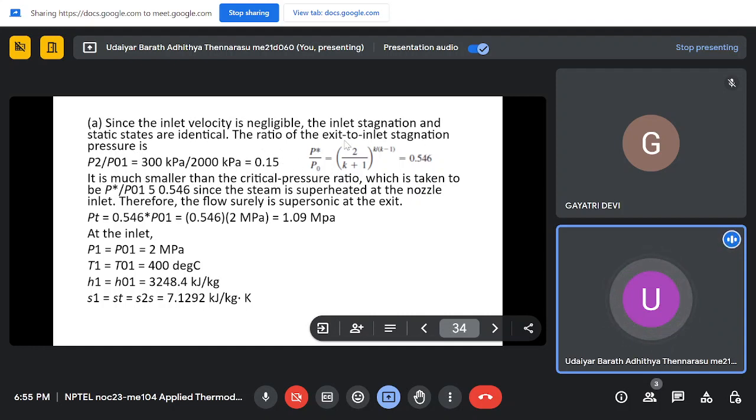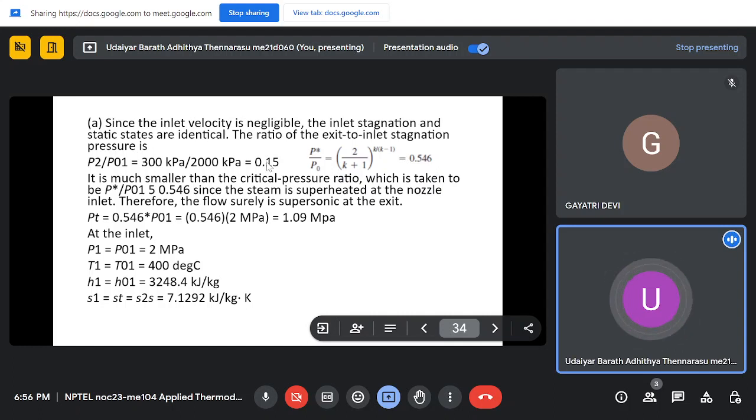But if you see, the critical pressure ratio is given as P star by P naught equals (2 by (k plus 1)) to the power k by (k minus 1). For k equal to 1.3 for steam, when you substitute this, you will get the critical pressure ratio as 0.546.